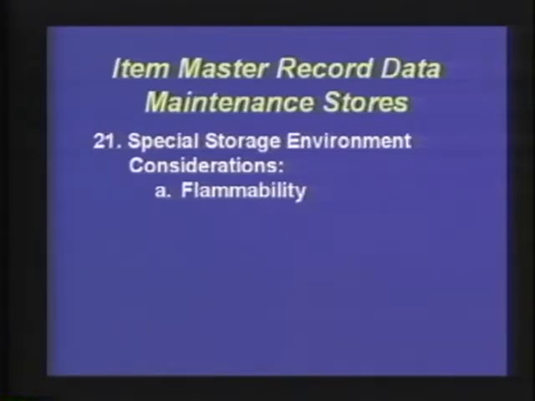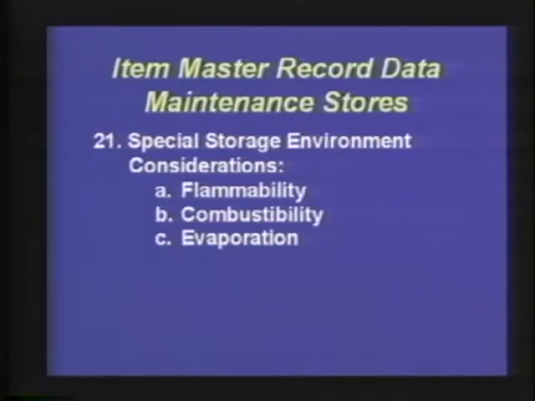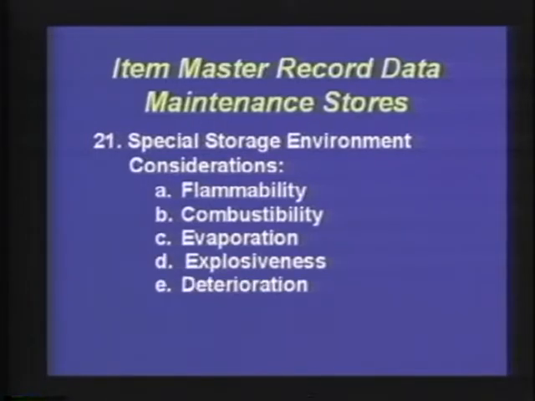others as required. So let's just walk through these, and maybe we can determine collectively how we're going to store these items. Flammability would require a flame-proof protected environment. Combustibility would likewise follow the same type of storage capability. So would explosiveness. Other items like E and deterioration would require maybe atmospherically controlled chambers.